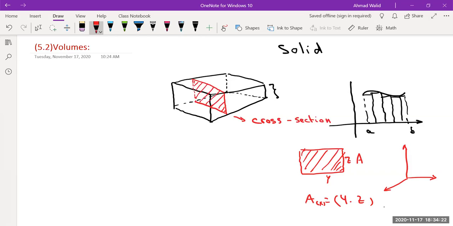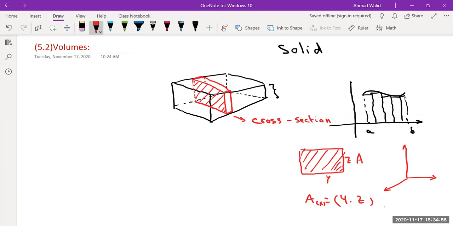Remember this. Now, because I'm looking for the value, I'll take a slice of this object, this shape, like this, and I want to find the volume of this slice. If I can find the volume of one slice, and I divide my object like the Riemann sum into small rectangular shapes, why are we taking small ones?